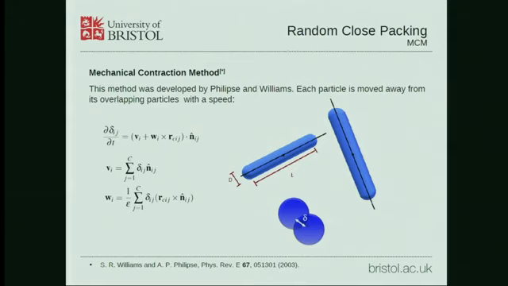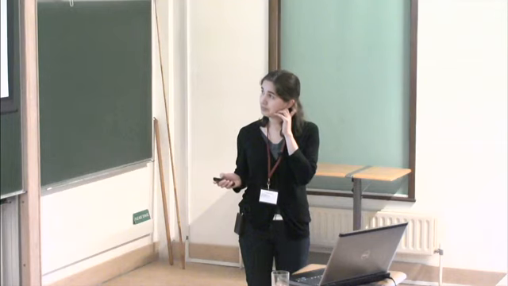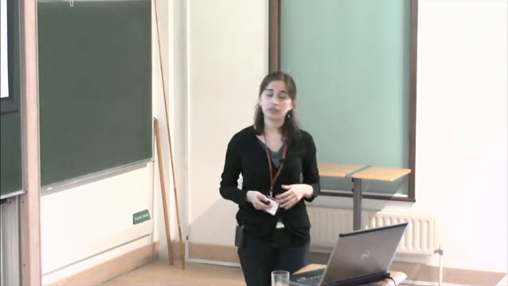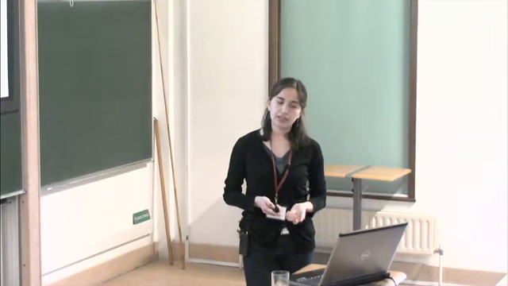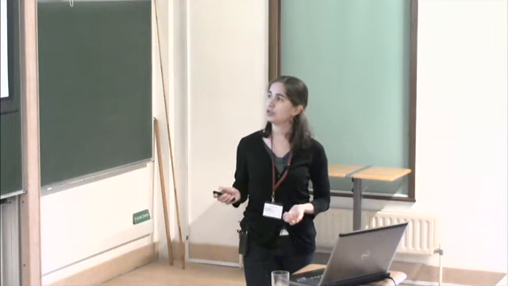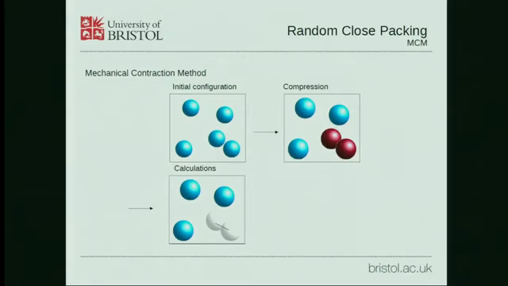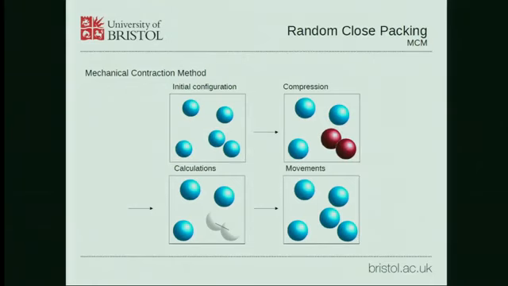You think of the particle as moving away with a certain speed, and you calculate the velocities, and this tells you the direction in which you need to move the particles. So you calculate the overlap for each particle and the direction in which you need to move it. You start with an initial configuration and compress your system, and if you find an overlap, you do the calculation only for these particles and move them, and you keep doing this until you can't anymore.